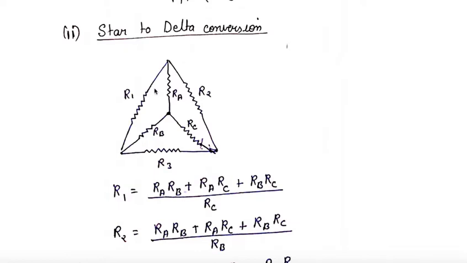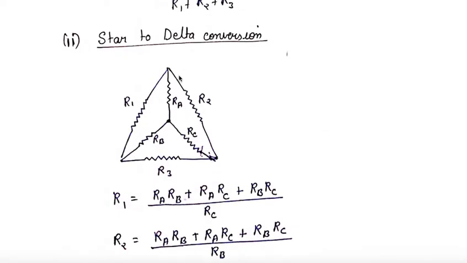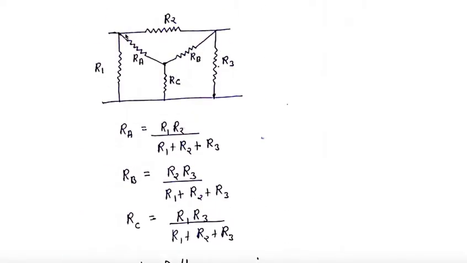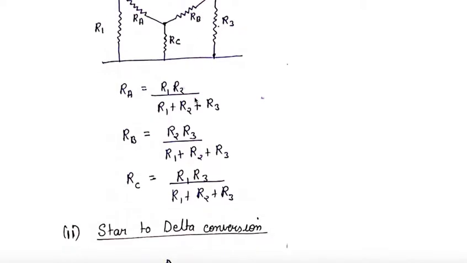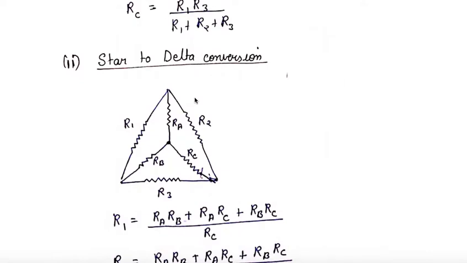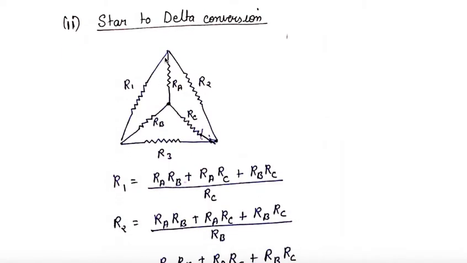Delta is represented by this triangle and also by this pi figure. Triangle and pi both represent delta, and star is represented by this kind of figure. Sometimes it is called Y also.